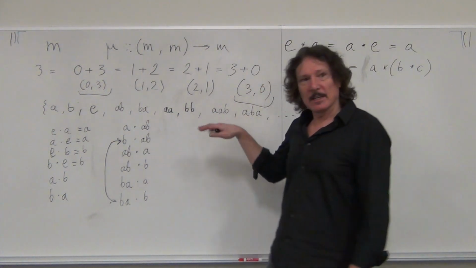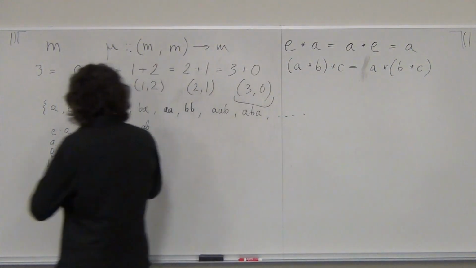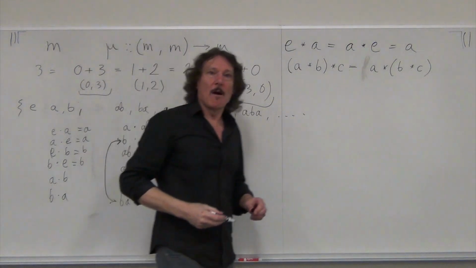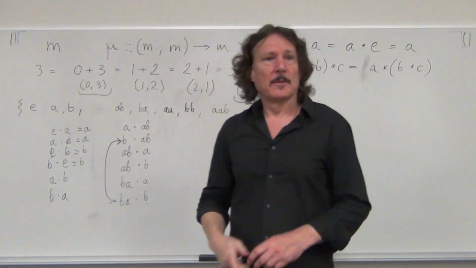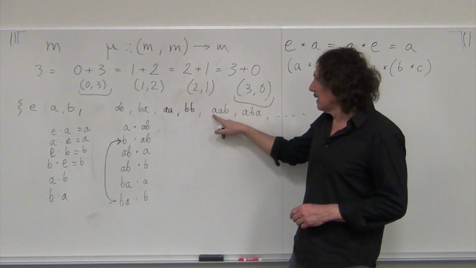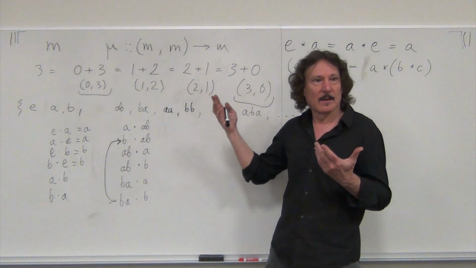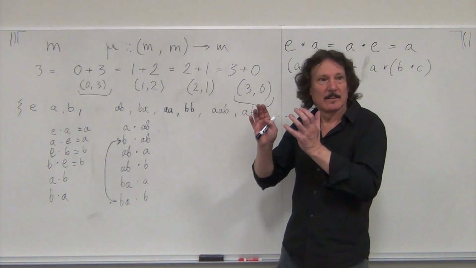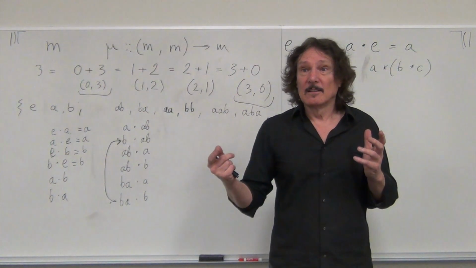Okay, so if you look at this, you might recognize a pattern. Actually, I should write E in the beginning here instead of here. So this will go on forever. We'll be adding infinitely many of these things. Associativity tells us that I don't have to put parentheses there. So these are just all possible lists of A's and B's.